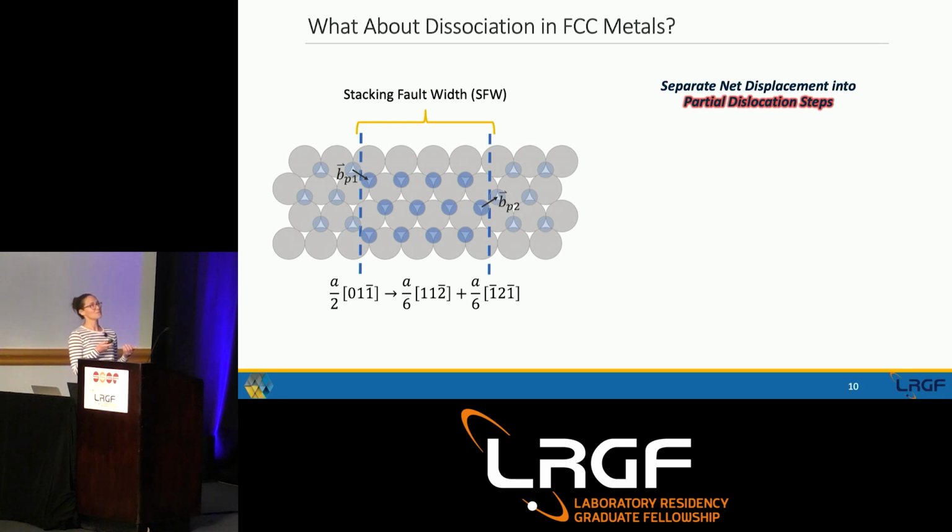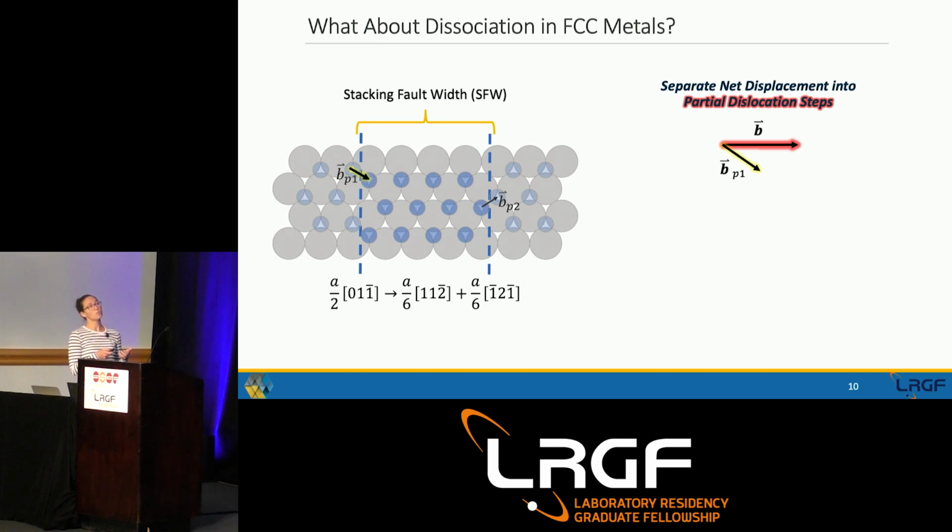And so we're going to get a little bit more into what happens in FCC metals. Depending on the structure of your metal, you will not just have a nice straight dislocation line, but you'll actually dissociate. I had talked about my Burgers vector, my shear step. Instead of having a nice shear step of moving this atom over here, we break apart this motion into two more manageable steps that are more energetically favorable.